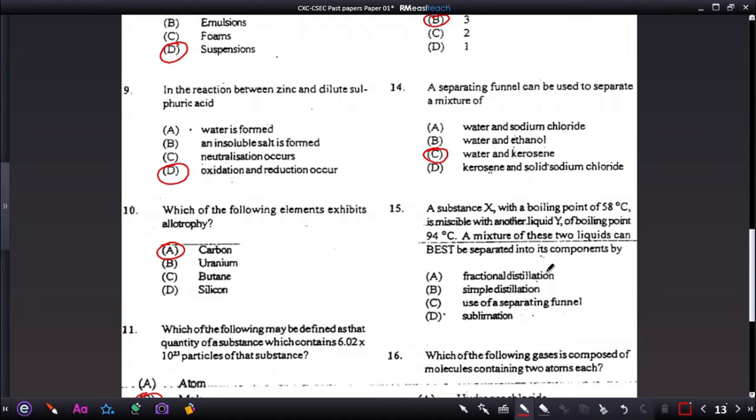While a simple distillation is used to separate the mixtures that have a large temperature difference. And since the difference between 58 degrees and 94 degrees is large enough, then simple distillation can be applied to separate the mixture.